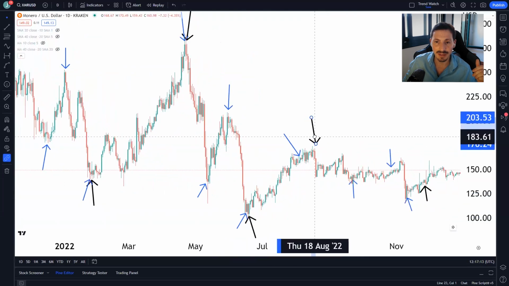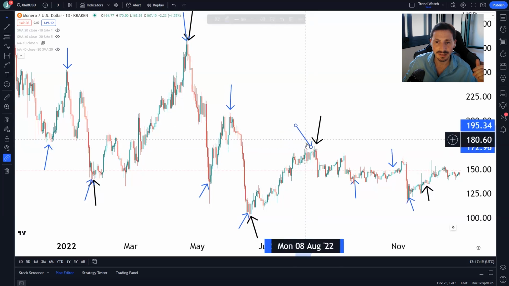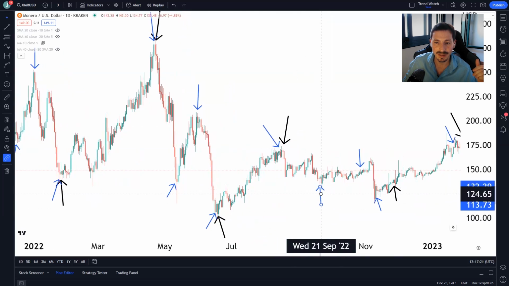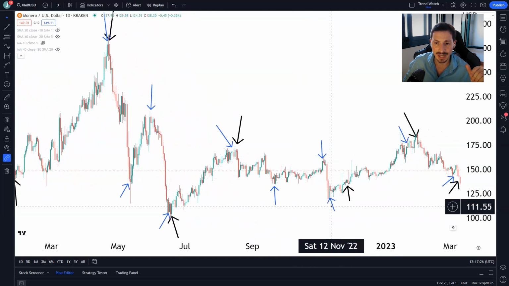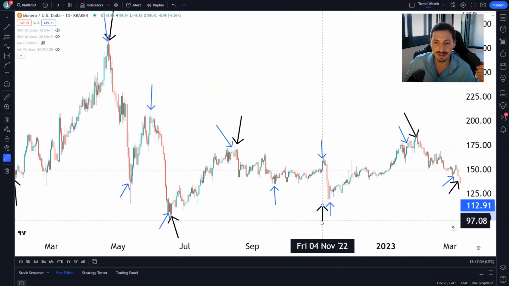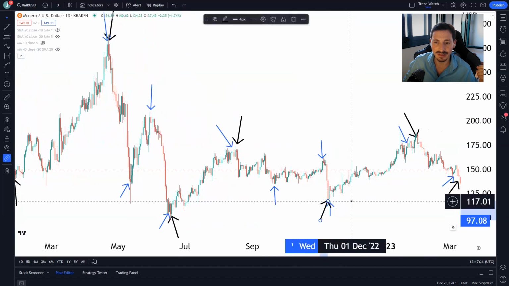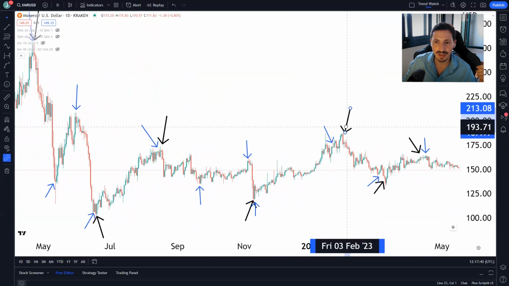Again, we just keep lining up. This step is crucial because you want to highlight the actual turning points. Look at this one. This one's all the way out there in the middle of nowhere. It is clearly pointing to this level. Look at it this way.